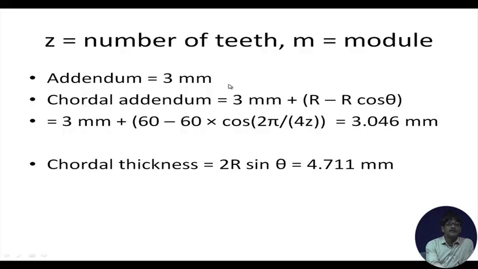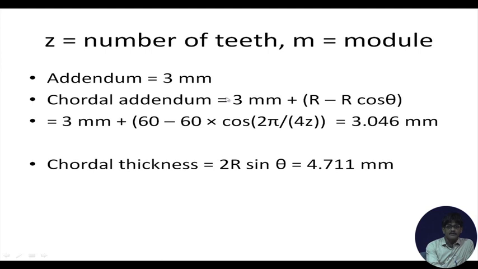The calculations say that z is equal to number of teeth and m is equal to module. So, let module be equal to 3 millimeters. I am sorry, I have forgotten to write it down here. Addendum is equal to module, so addendum is equal to 3.